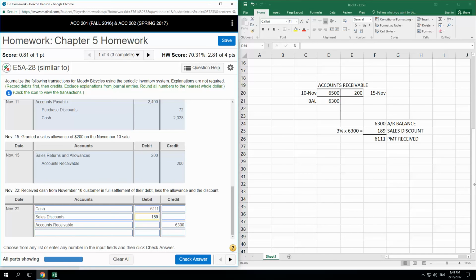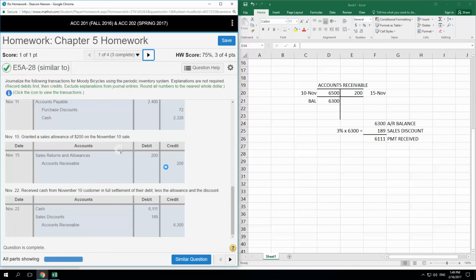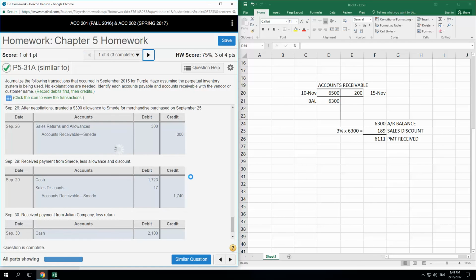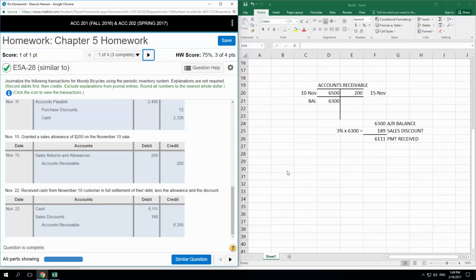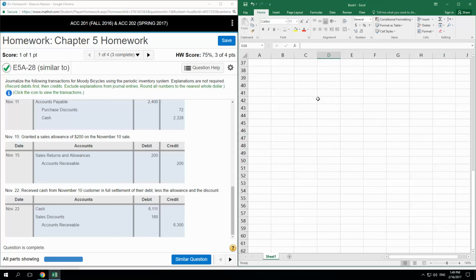Sales is a revenue account. Sales discounts work in the opposite manner, so it increases with a debit, whereas sales increases with a credit. So remember, if you think about the other problem that we did, when we did our multi-step income statement, we showed sales.